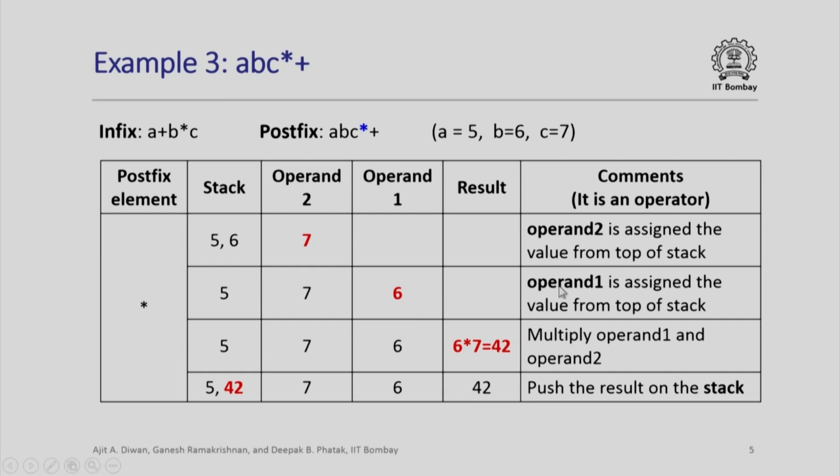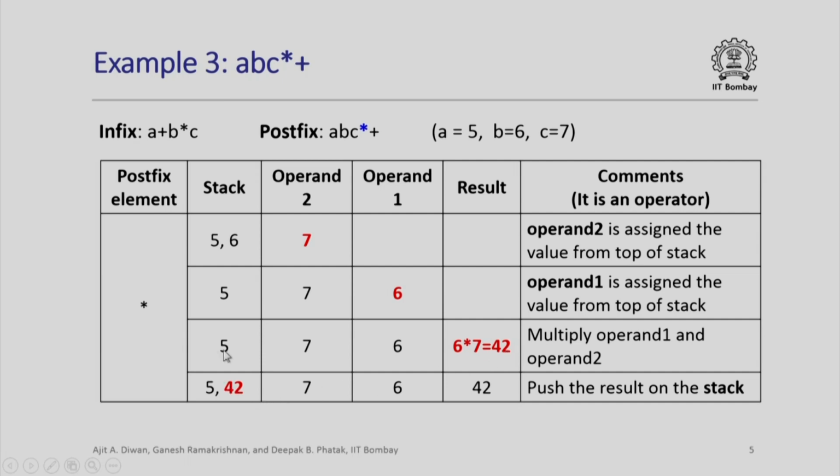So, operand 2 and operand 1 are assigned the values of the 2 top operands that are available on the stack. Once this is done, we calculate the value 6 multiplied by 7. That means the multiply operation is now carried out, giving us the result 42. This result is to be pushed on the stack.